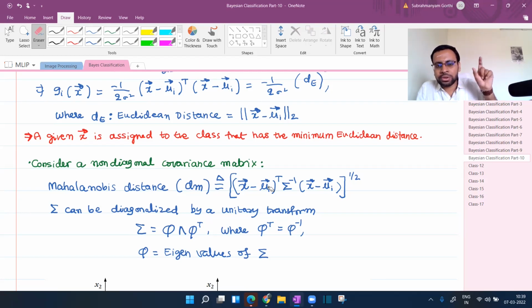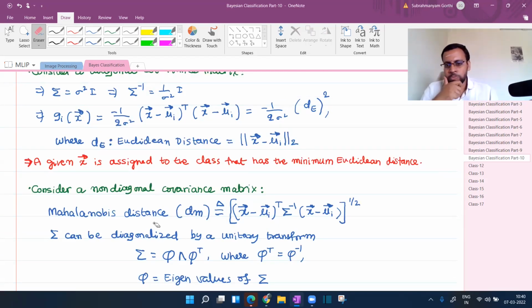You know the value of sigma also, which is common across all but non-diagonal. Now, if given an X bar, to which class should I assign it? All you need to do is, instead of computing a Euclidean distance now, compute Mahalanobis distance to the mean vectors of each class and assign it to that class which has the minimum Mahalanobis distance.